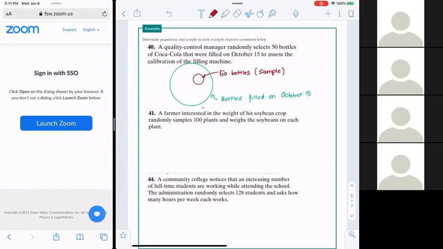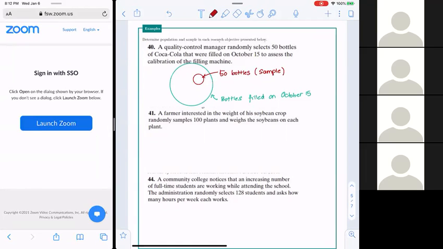Okay, so the next one, a farmer interested in the weight of his soybean crop randomly samples 100 plants and weighs the soybeans on each plant. So it is the same thing as the previous problem. What is the farmer interested in?